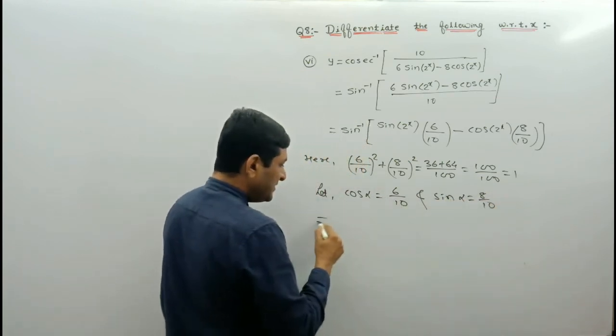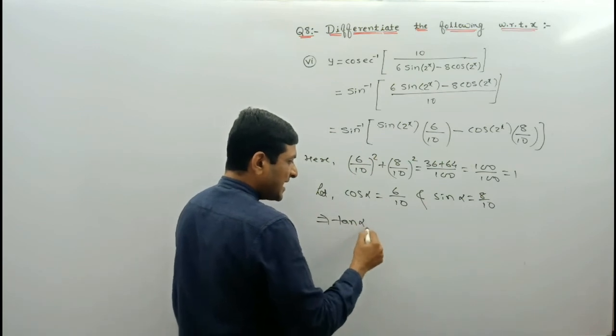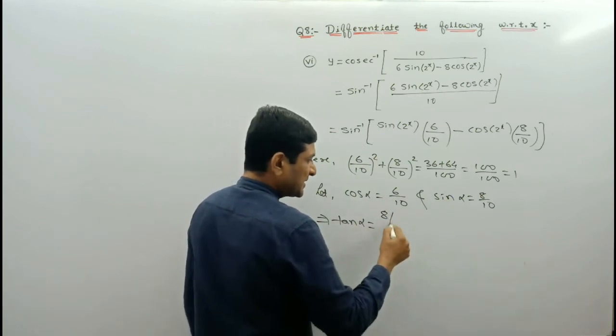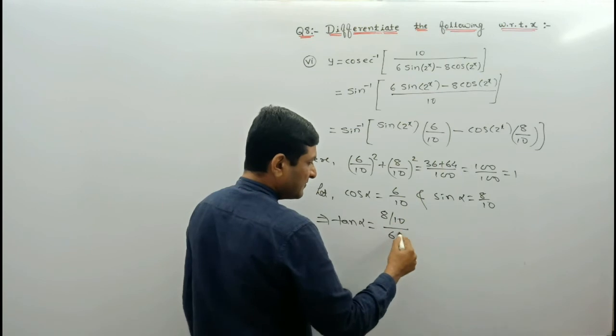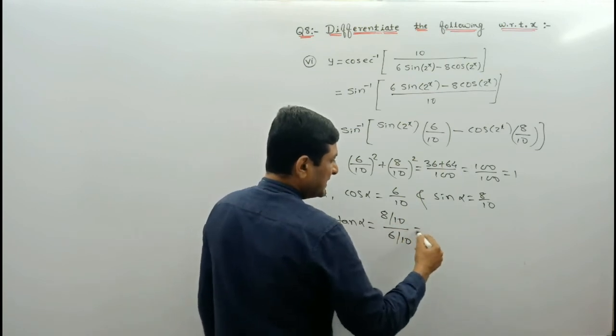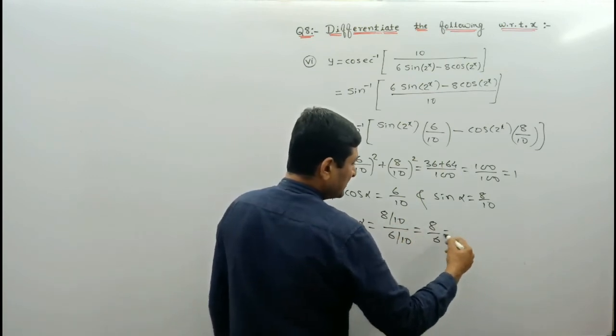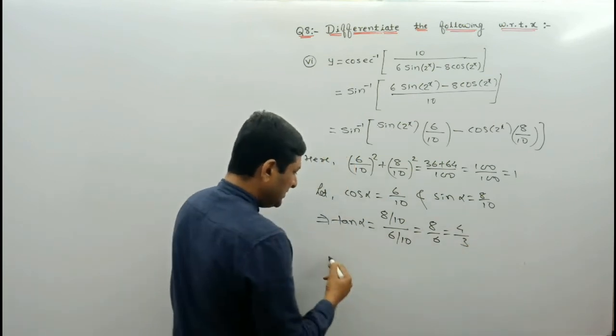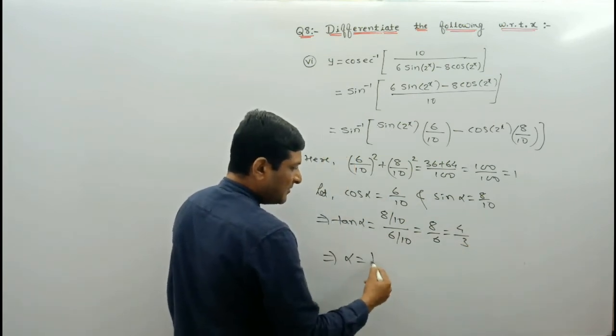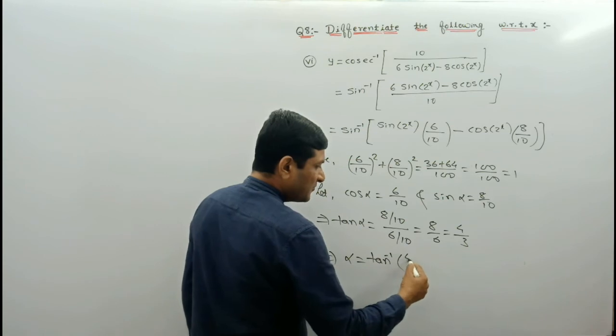If we take their division, then tan alpha will be equal to sin alpha, that is 8 upon 10, divided by cos alpha, that is 6 upon 10. 10 will get cancelled. What will we get? 8 upon 6 equals 4 by 3. It implies that the value of alpha will be equal to tan inverse of 4 by 3.